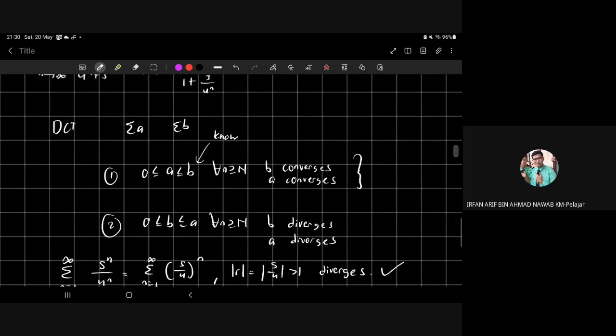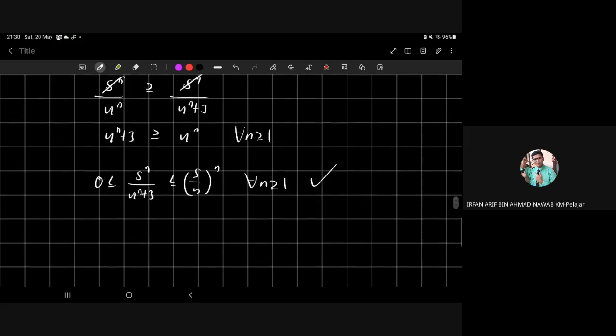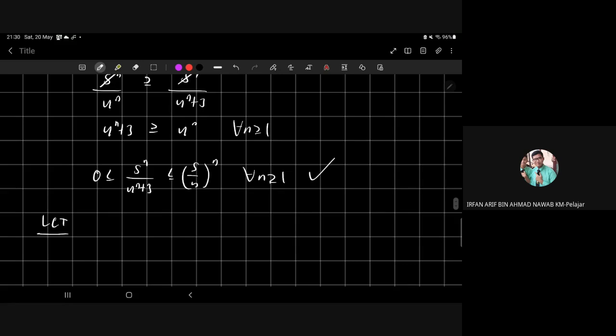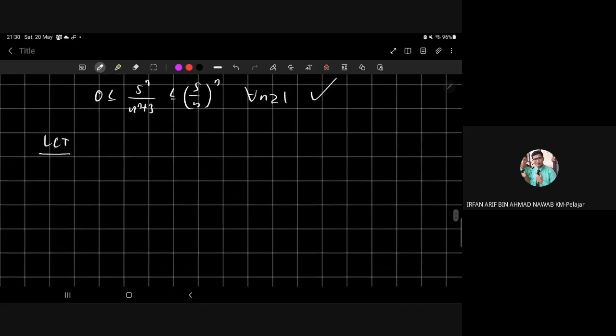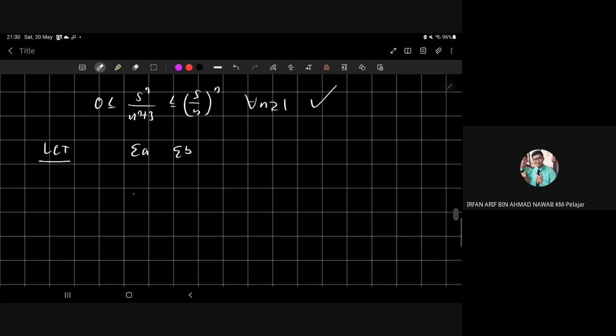But does it also fail for the limit comparison test though? Let's check it out. Limit comparison test. Now, what does it tell us? We have three cases. Let's say the series A and series B are positive terms. And what happens when we take the limit as n approaches infinity?